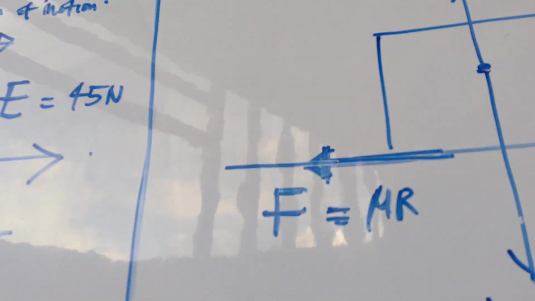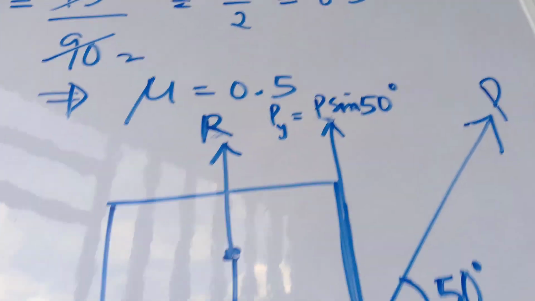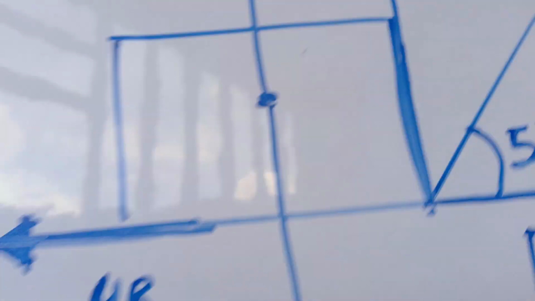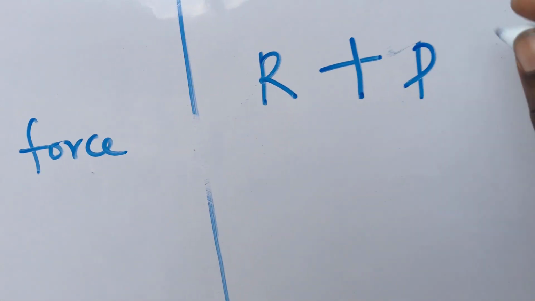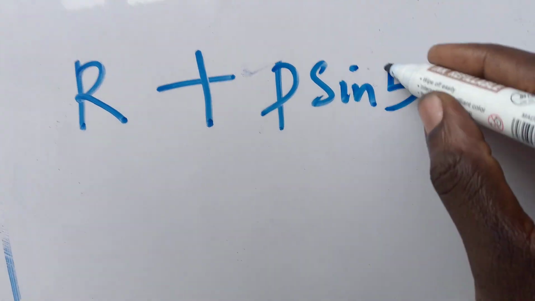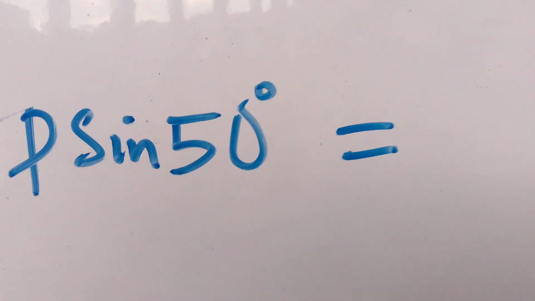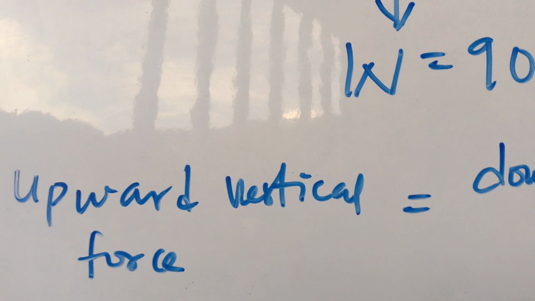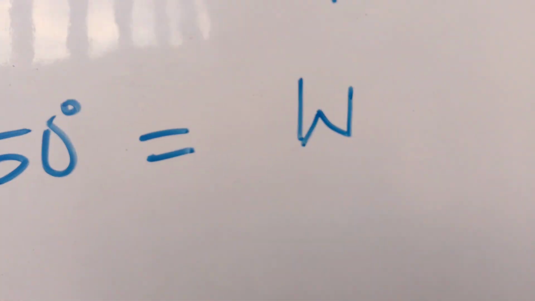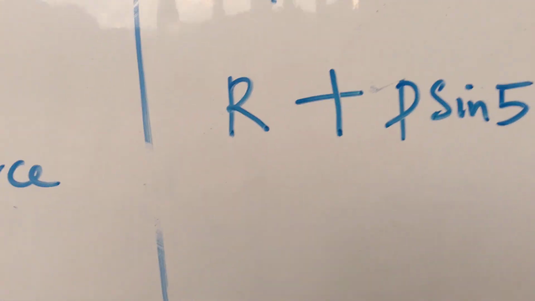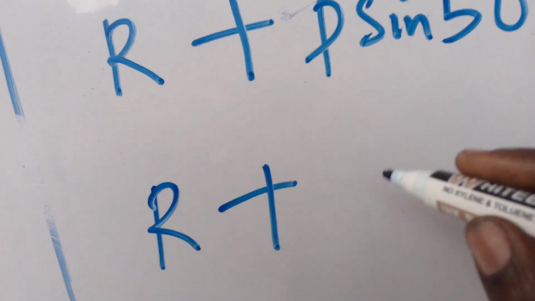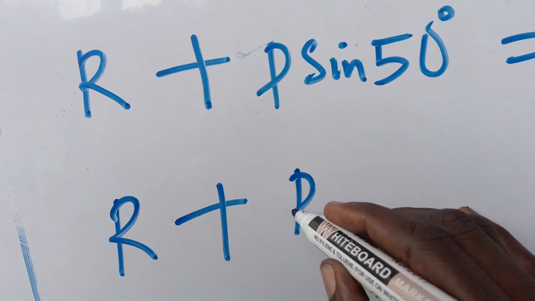There are two upward vertical forces, R and Py. So this is R plus Py, which is P sine 50 degrees, equal to the downward one, which is W, the weight. So R plus P sine 50 degrees equals W.